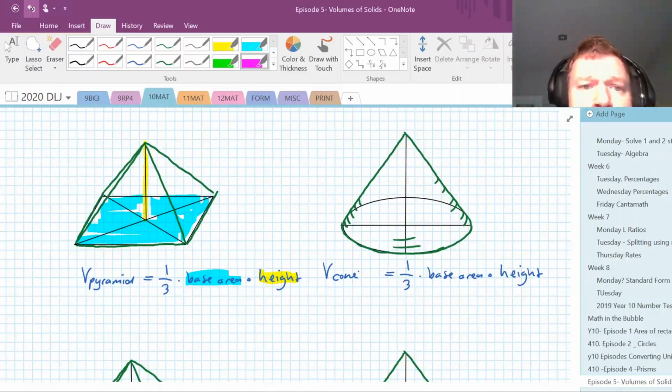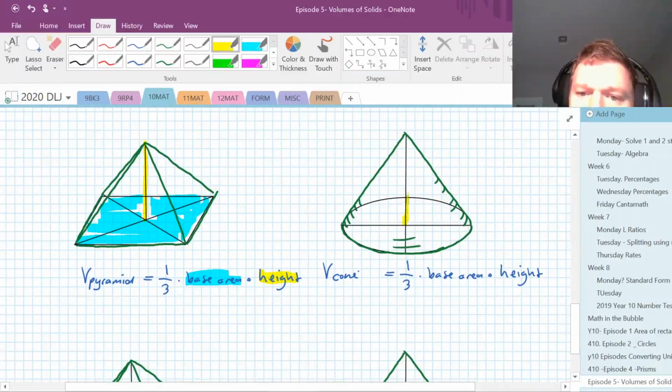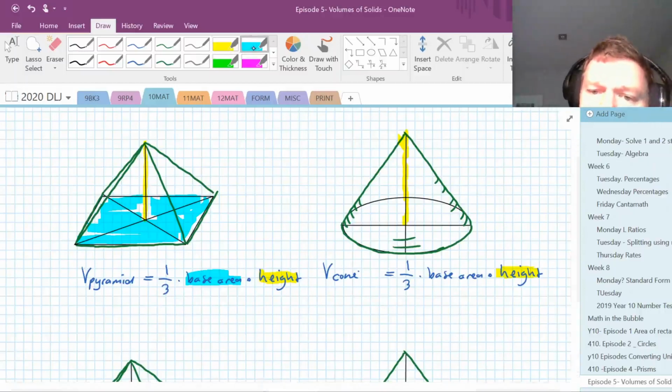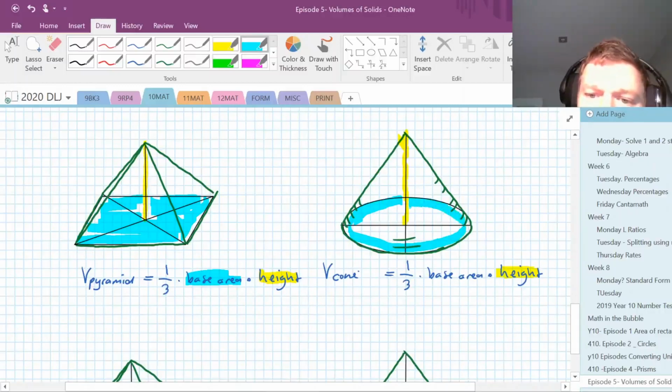And a cone works the same way. So the height of a cone is this distance from the very center at the bottom up to its point. And then the base area is, well, it's not an oval. It's a circle, just at a different perspective.